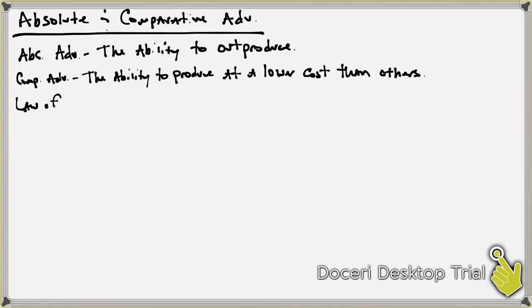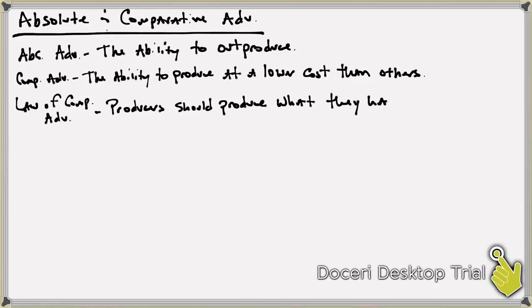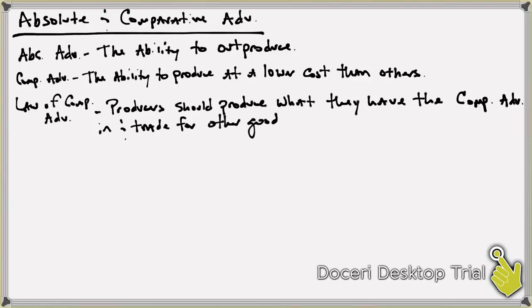Law of comparative advantage. What this law represents is that producers should produce what they have the comparative advantage in and trade for other goods.